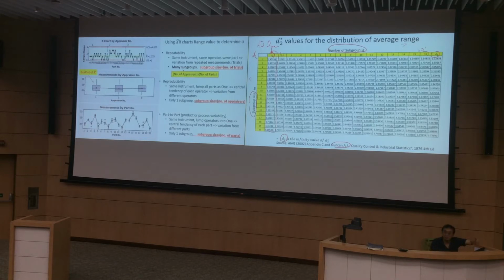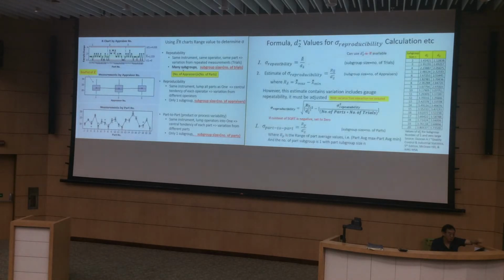So he has this number for us to do the computation, right? If you have that, then it's very simple. If you refer to this that we have now here, first, repeatability.